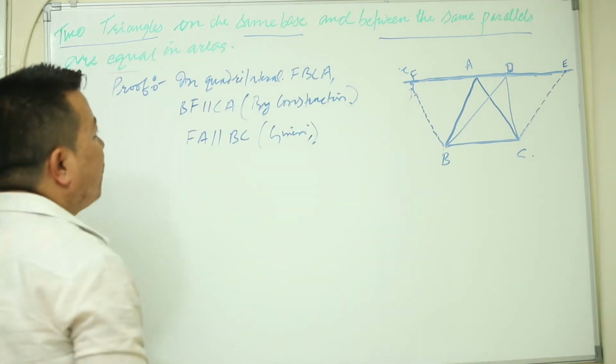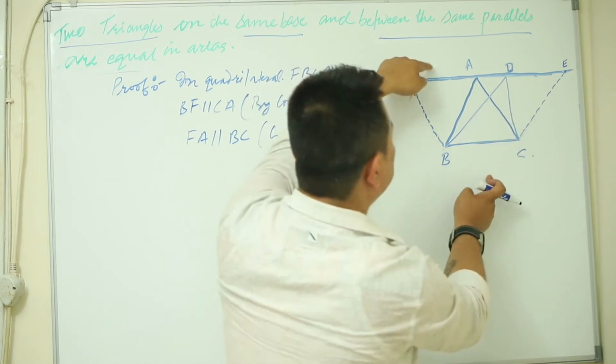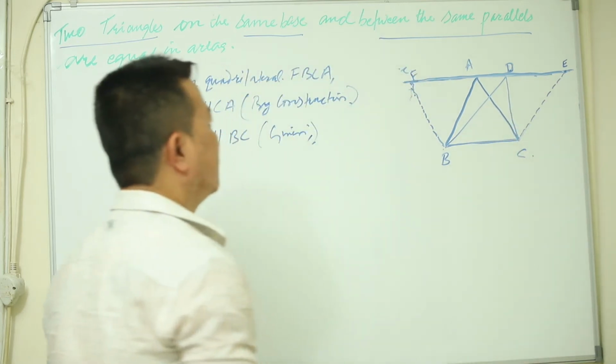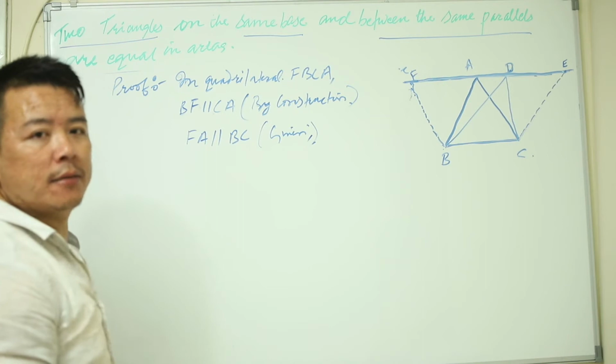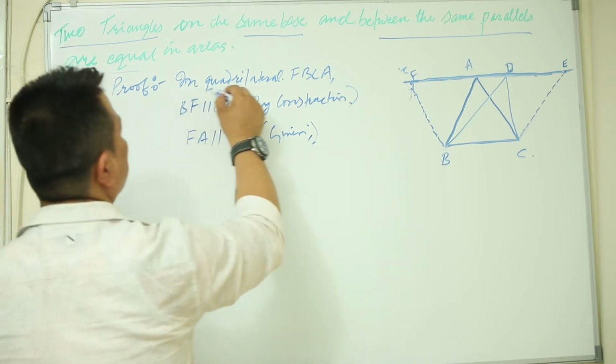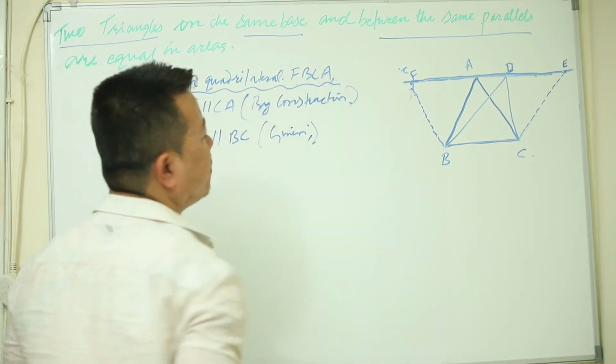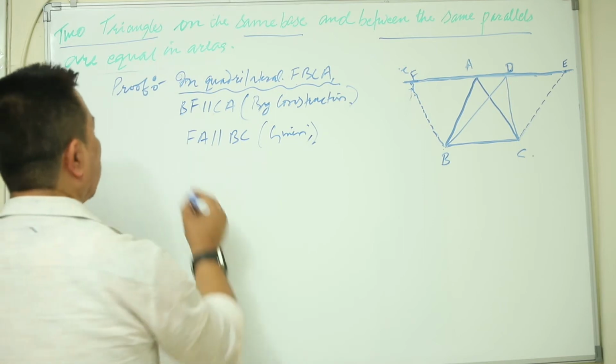So what we have found now is that the opposite sides are parallel. If the opposite sides are parallel, then this quadrilateral FBCA will be a parallelogram.